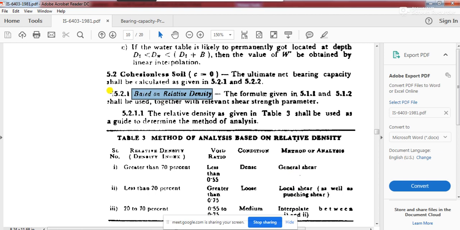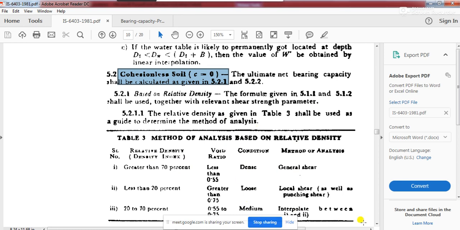This 5.2.1 clause will be valid only if the soil is cohesionless. That you should remember. If it is a cohesive soil, you cannot apply this relative density concept. If it is cohesionless soil, then only you go for it.